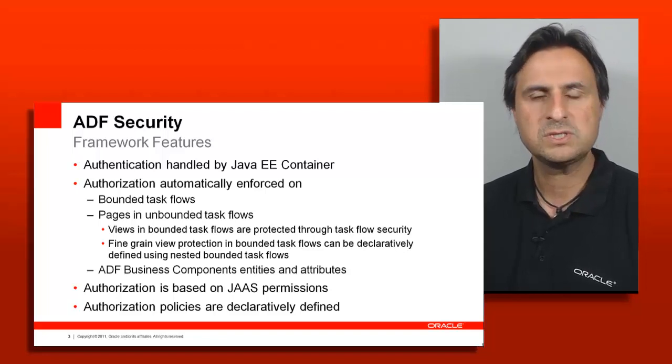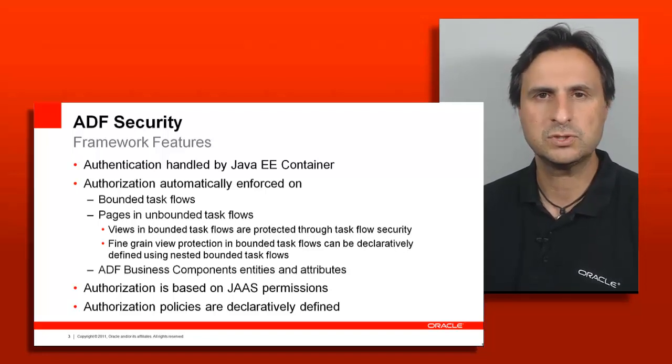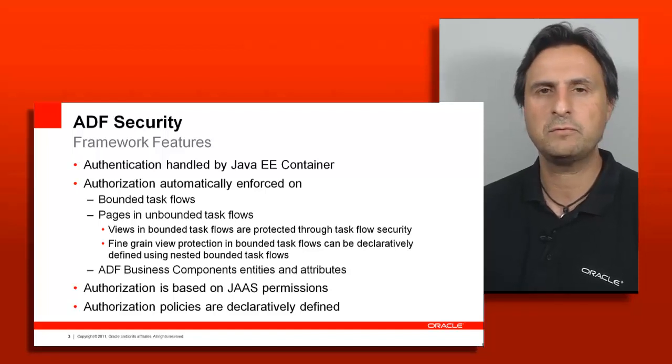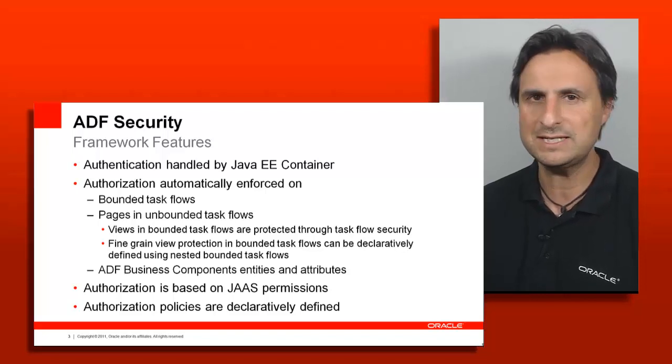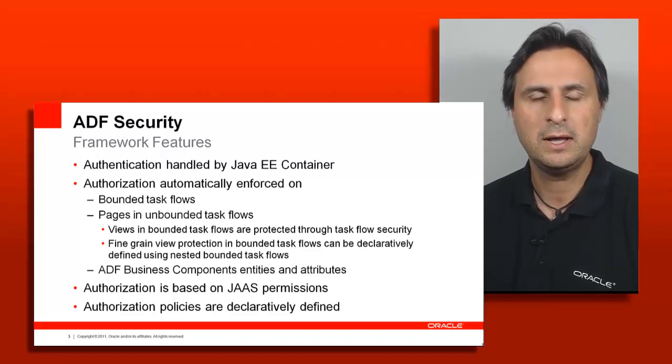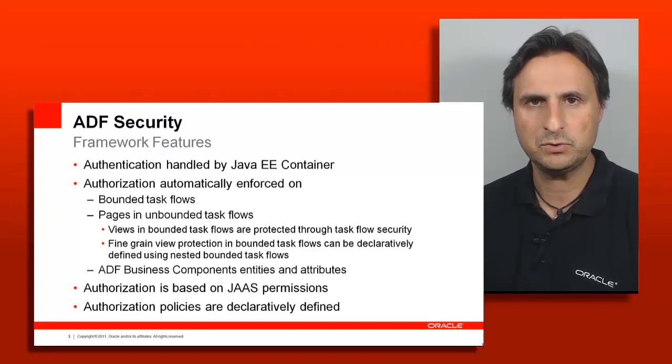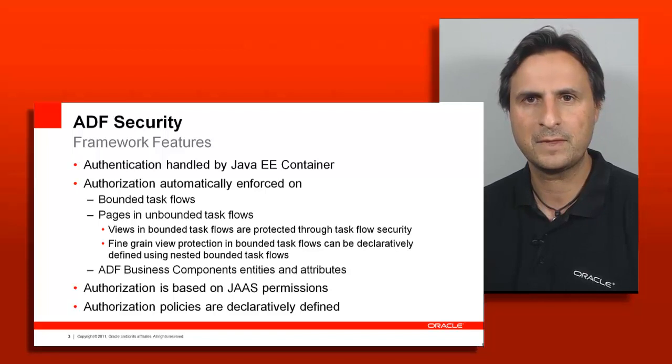For ADF business components, we protect using JAAS entities, so you can have an update protection, so you want to make sure that not everyone can update a specific entity or delete an entity. And we also provide declarative security on attributes, which is mostly for update.